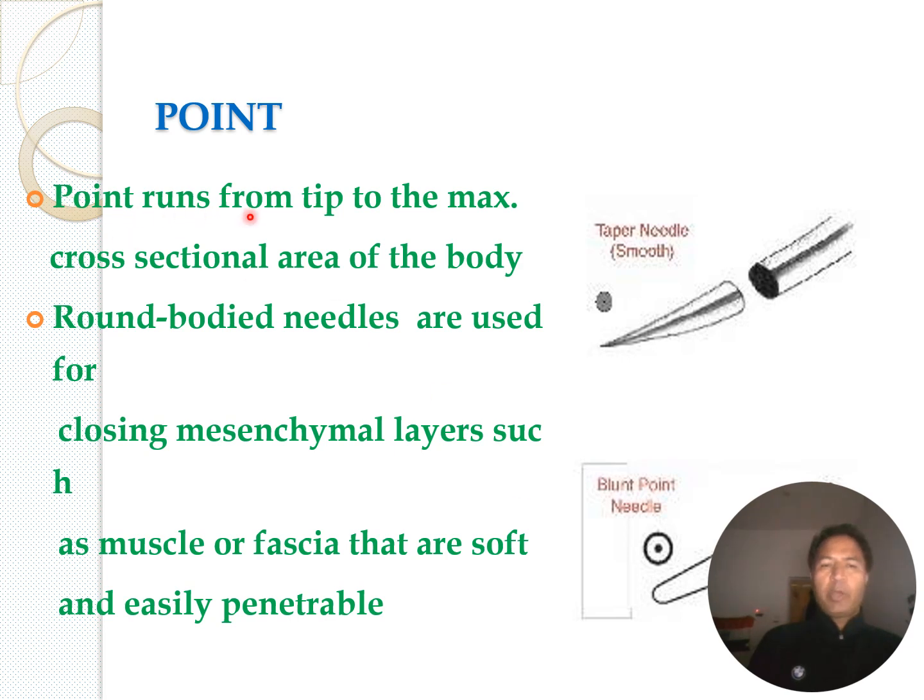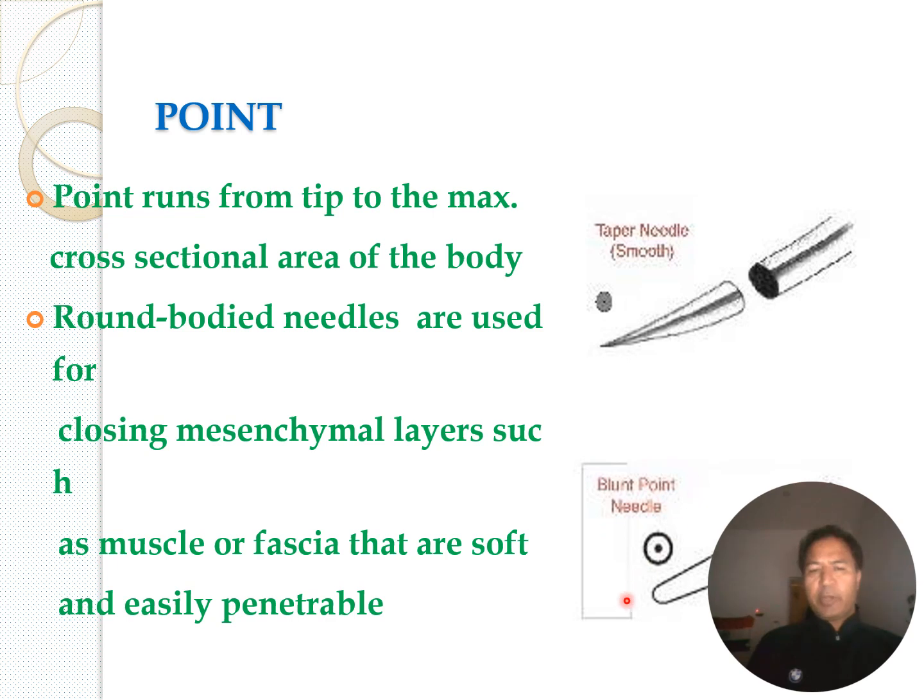The point runs from the tip to the maximum cross-sectional area of the body. This is a taper needle, smoothly tapered, with a circular outline like this. Round-bodied needles are used for closing mesenchymal layers such as muscle or fascia that are soft and easily penetrable.